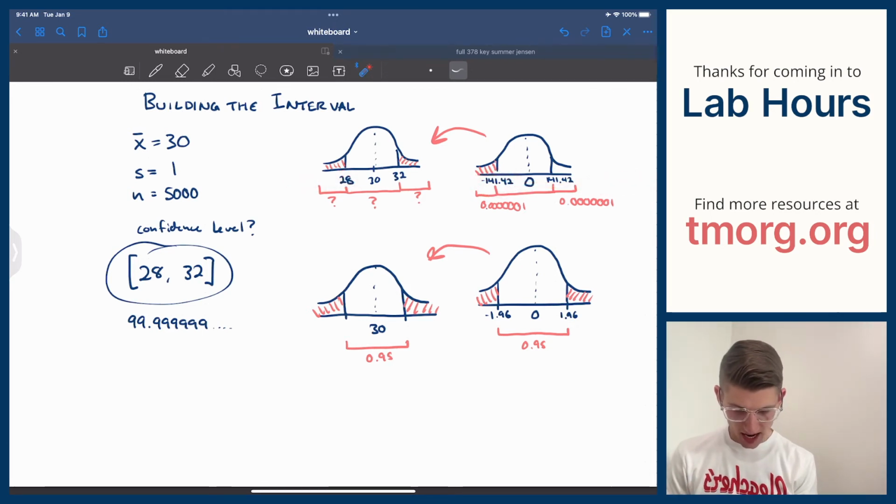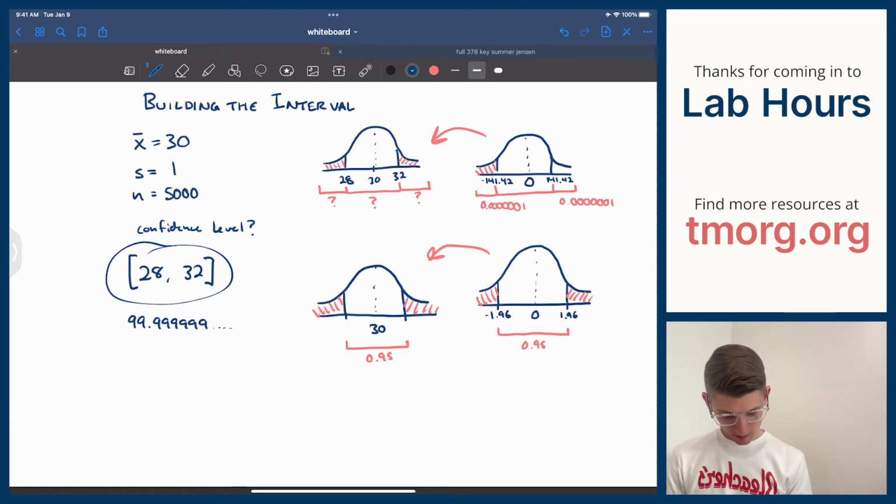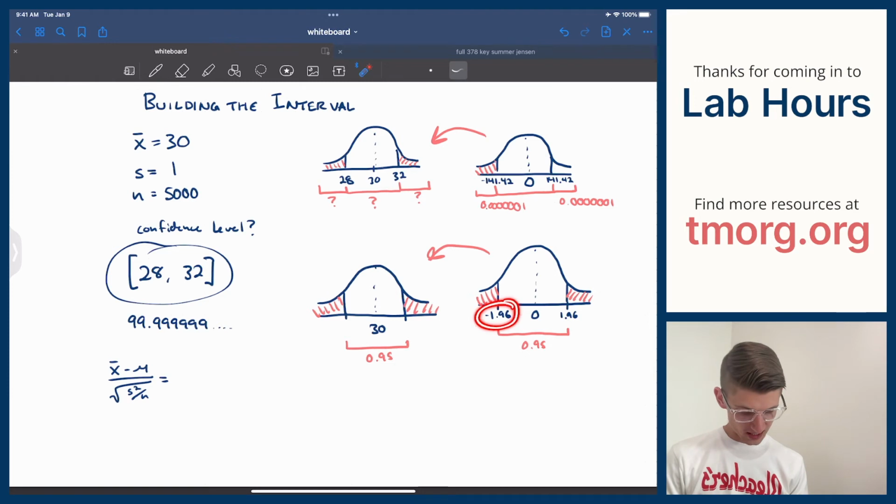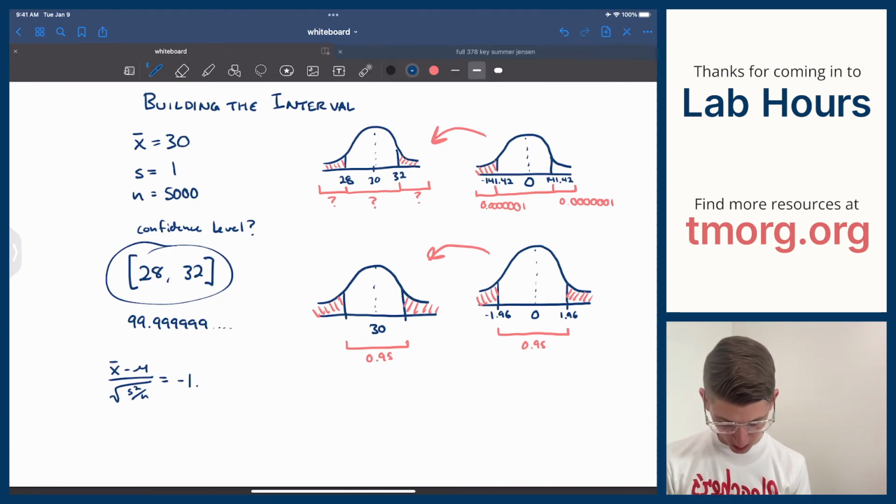Let's actually figure it out. And the way that you do it is you do the following, okay? How did I standardize something? Well, I took x bar, subtracted mu, divided by the square root of s squared over n, and what that would have given me were these negative 1.96 and 1.96, these numbers in units of standard deviation, standard errors from the mean, right? It's equal to negative 1.96.